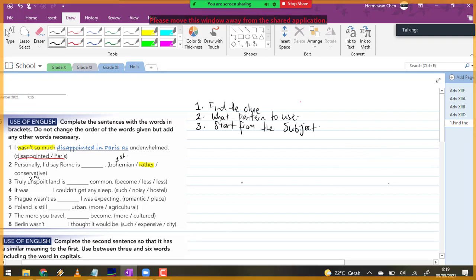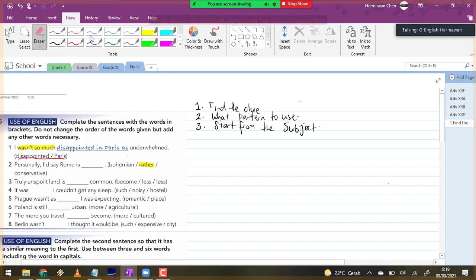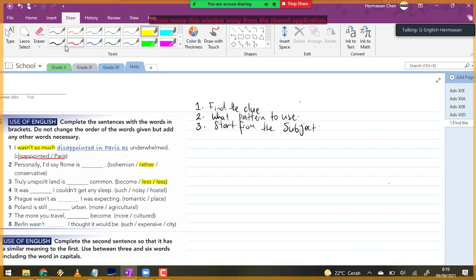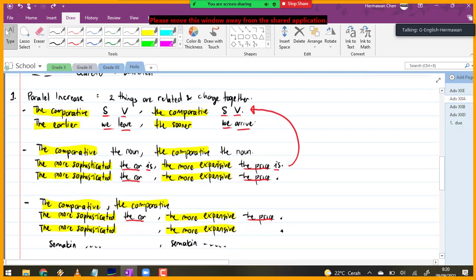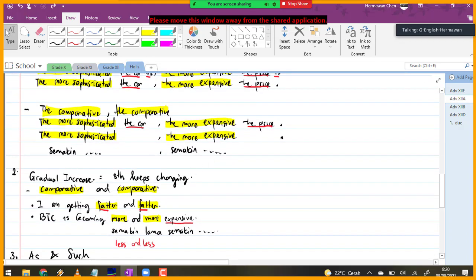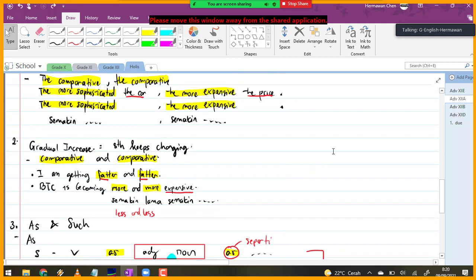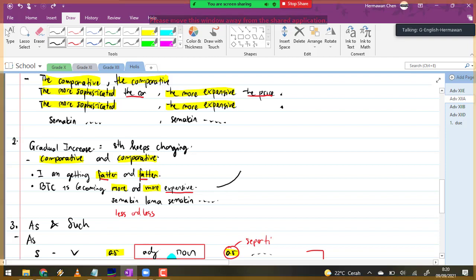Look at number 3. What is the clue to know which pattern to use? This one, less, less. Less, less. Double comparative. It means you have to use this one, the gradual increase pattern. More and more is used when a quality is increasing over time.